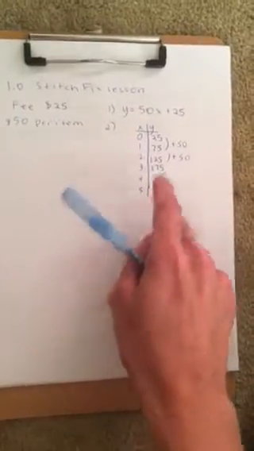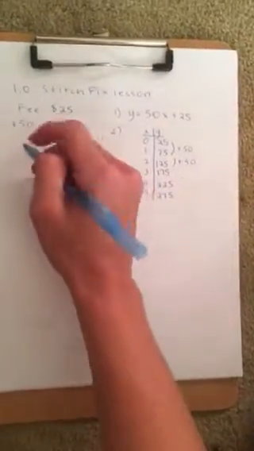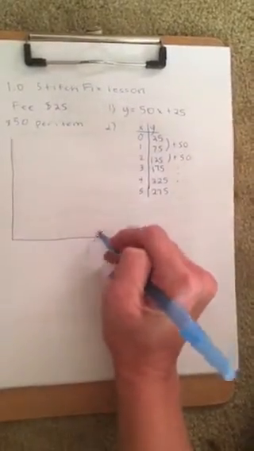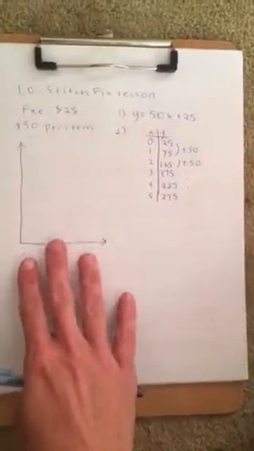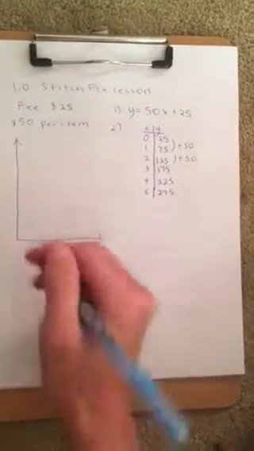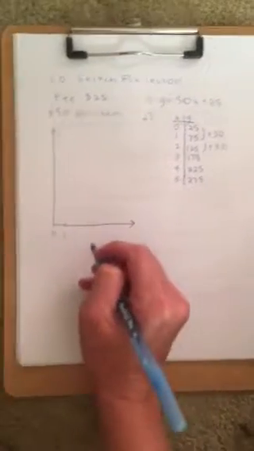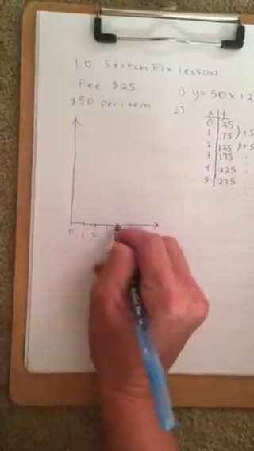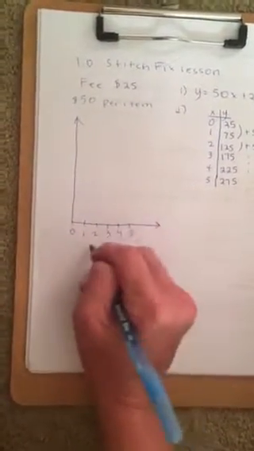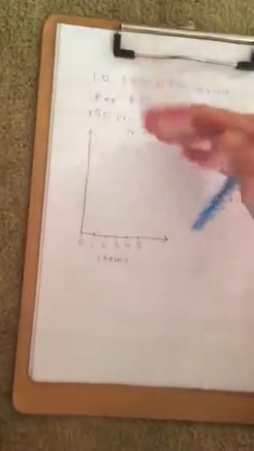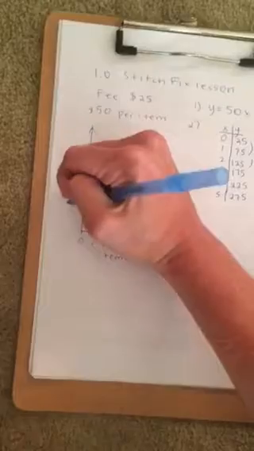All right. Now, I also asked the girls to make a graph and graph the scenario from the table. Now, my X values are representing my number of items that I'm going to purchase. And then my Y values are going to represent the cost.